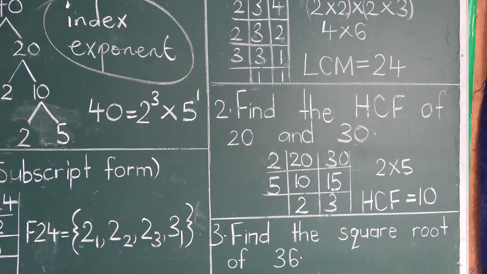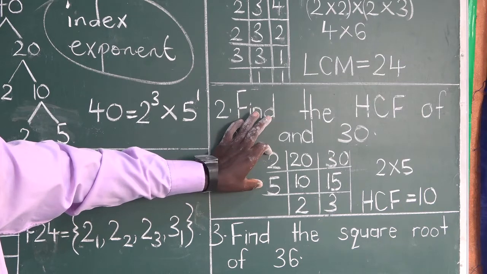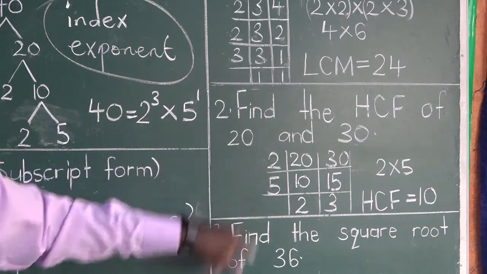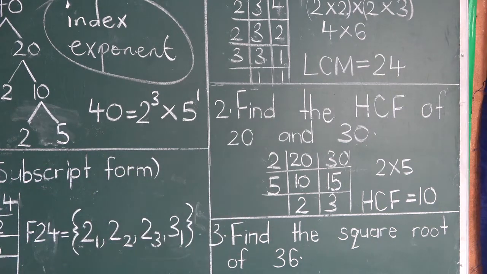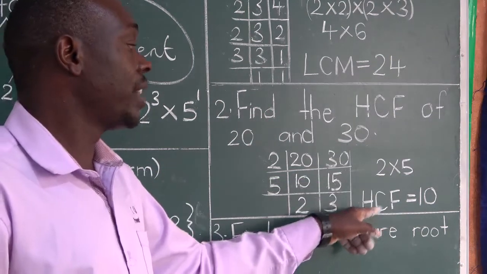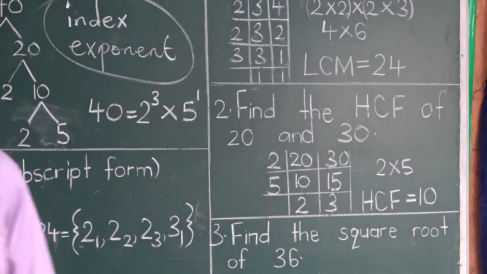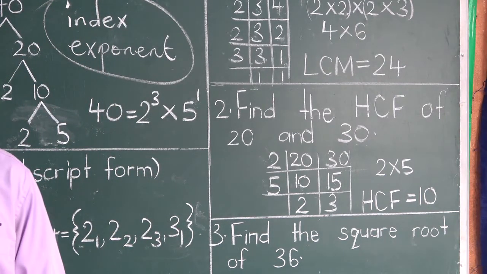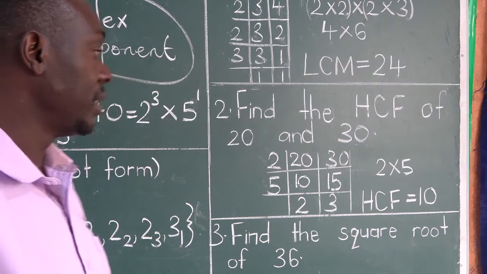Now we multiply these numbers that we have used to divide, called prime factors, meaning we have prime factorized. That's 2 times 5, multiply them, thereby getting our HCF as 10. That is how we find HCF using prime factorization.